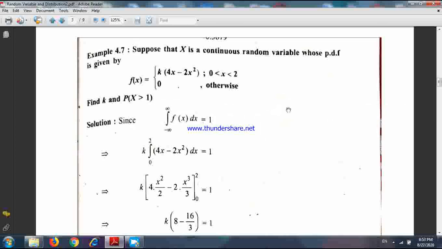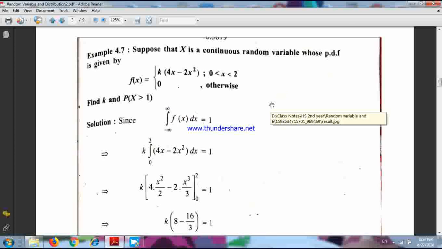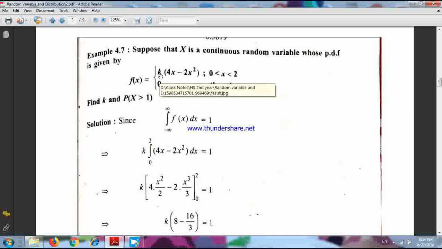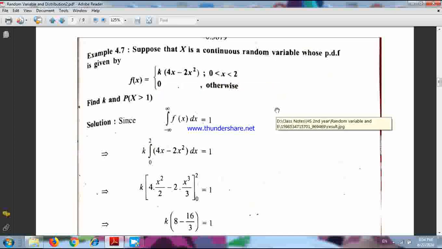You see one thing, in many examples, this part, find k, remains absent. Simply you are asked to find the probability x greater than 1. So in any PMF or PDF, if you come across any unknown constant, k, c, a, b, c, d, whatever the constants are, these are the unknown constants.